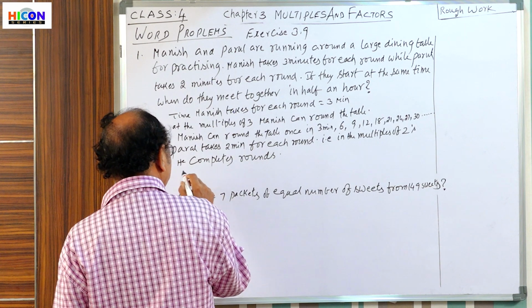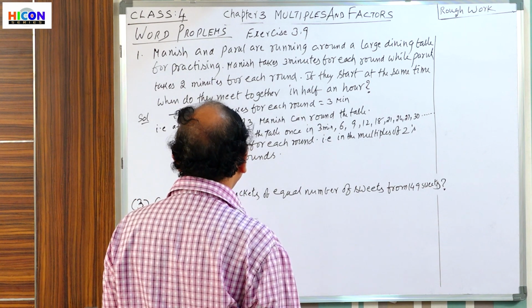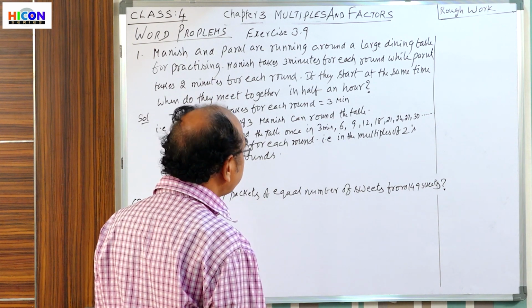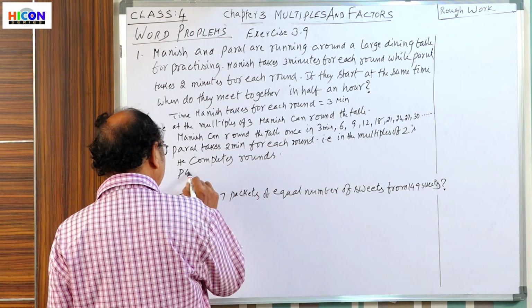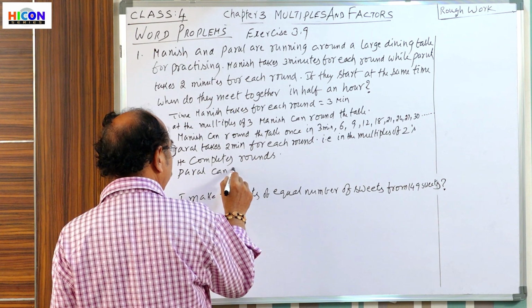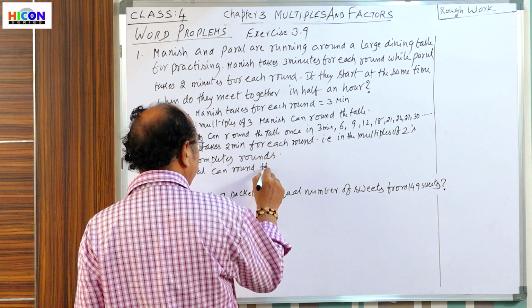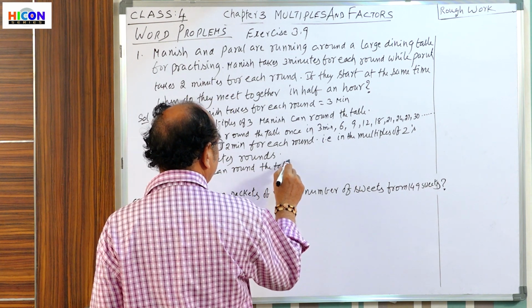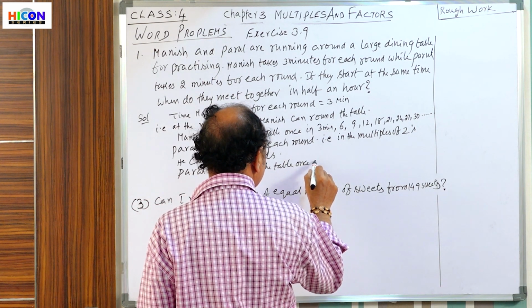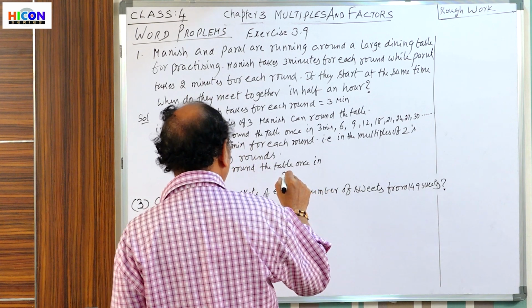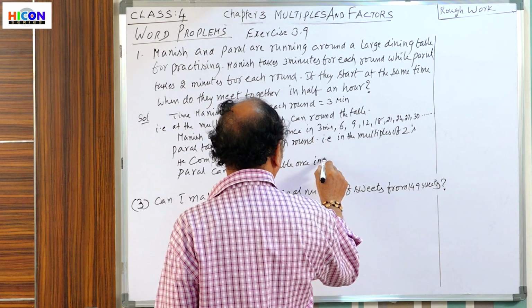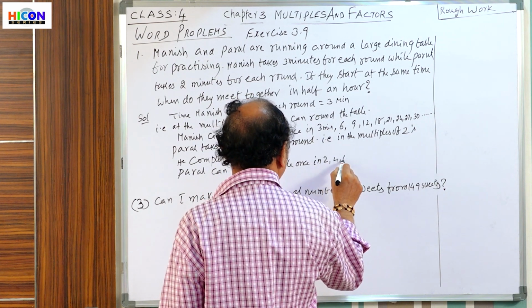So what do we write here? Parrot can round the table once in 2 minutes, 4 minutes, 6 minutes.